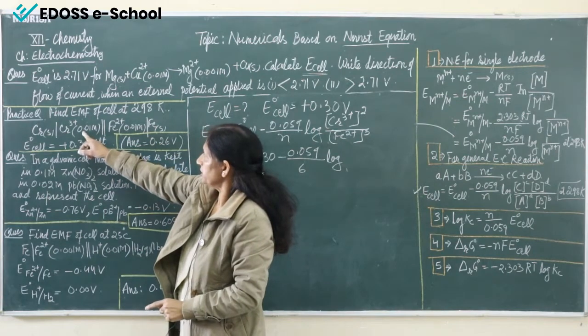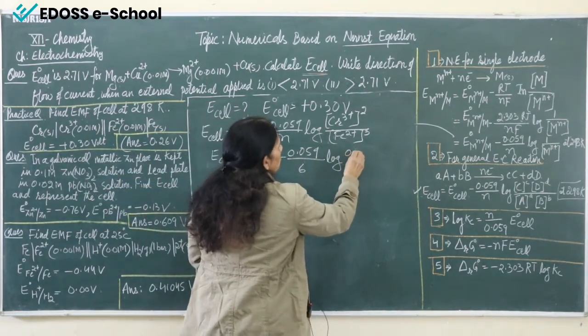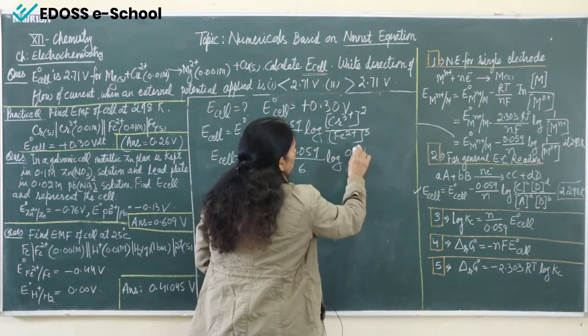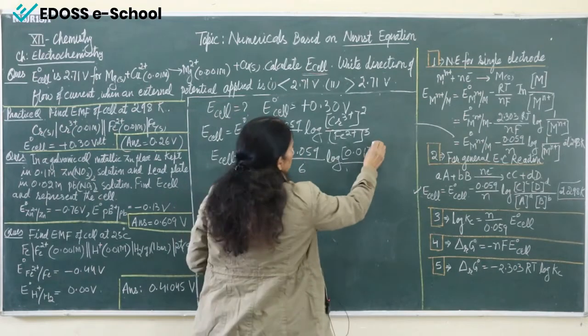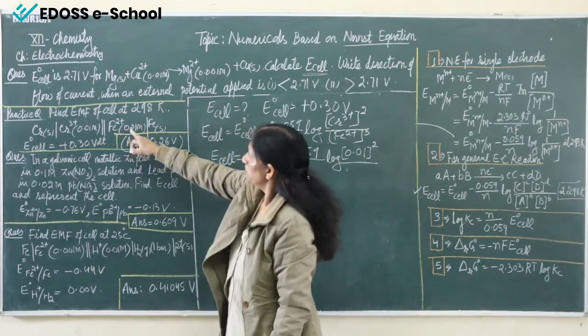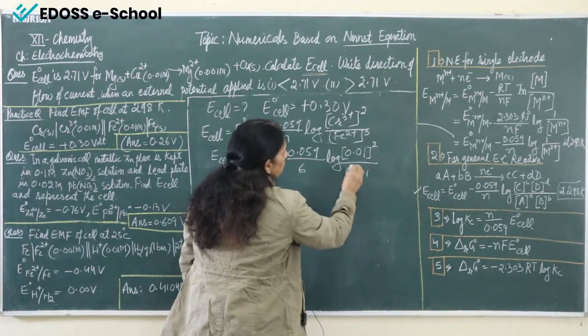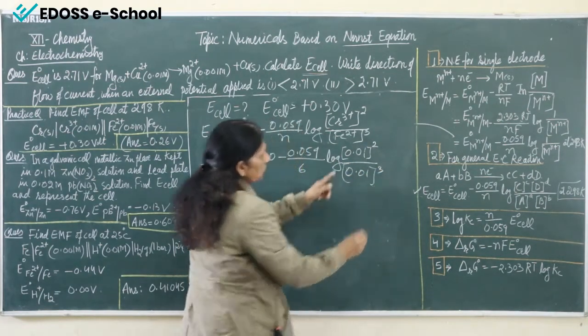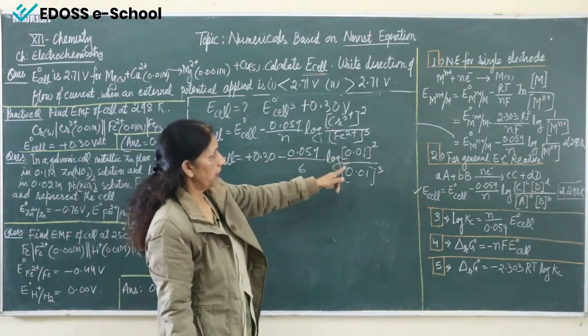Chromium ion concentration is 0.01, so here we will put 0.01 and this will be squared, and this is 0.01, the concentration is the same, and here we will put the cube.